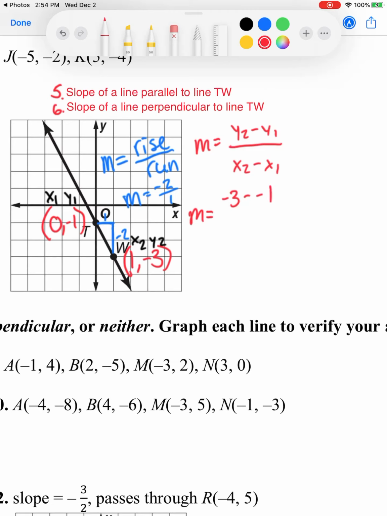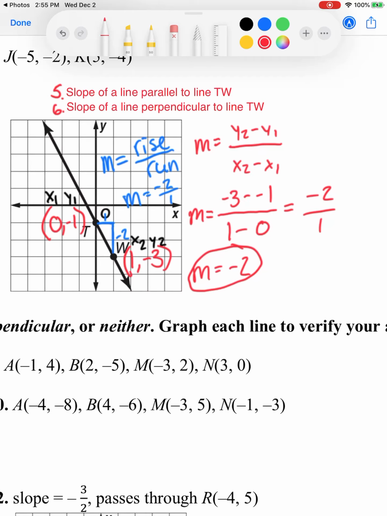So my slope is going to equal my y2, which is -3, minus my y1, which is -1, and then my x2 is 1 minus 0. So now if I simplify this out, I end up with -2 over 1, or just generally slope equals -2.